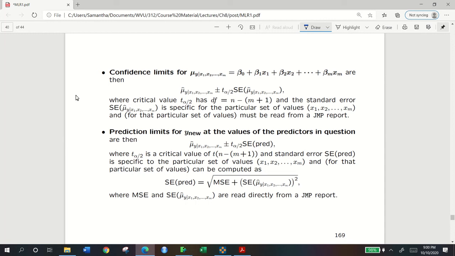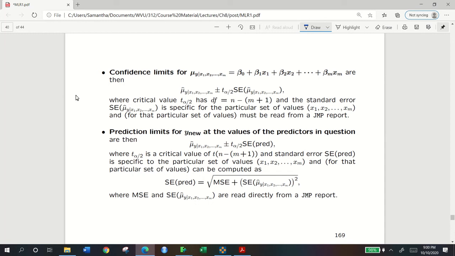We do use the t distribution and the same degrees of freedom as we used previously. That is n minus 1 multiplied by the quantity of m plus 1. We of course do have to get our mu hat of y given x1, x2, all the way to xm, and our standard error measurements do need to come from the JMP report.